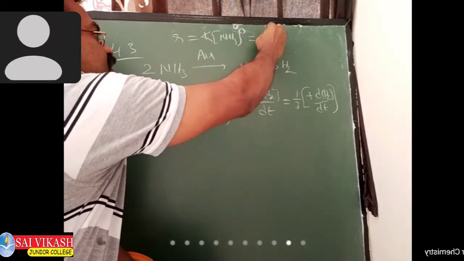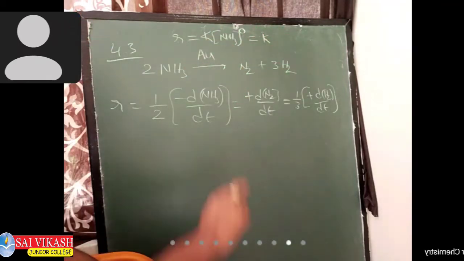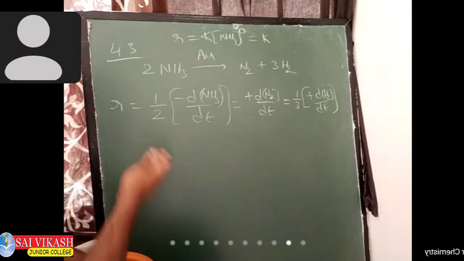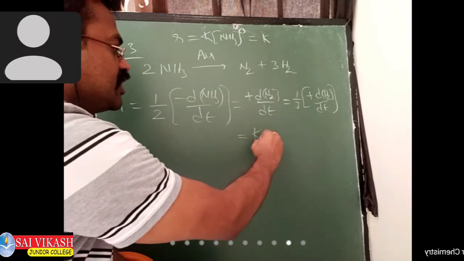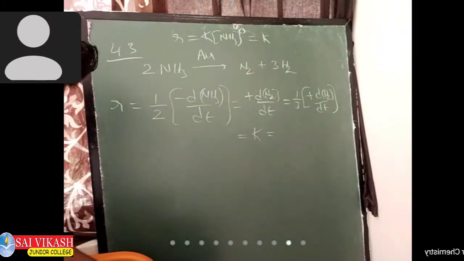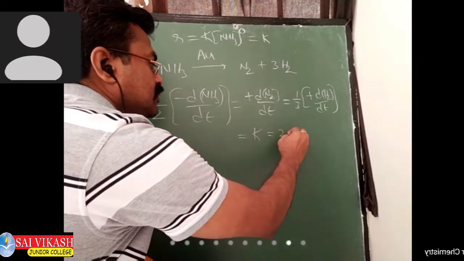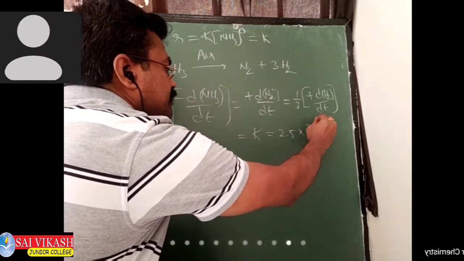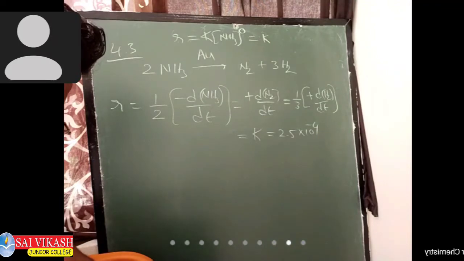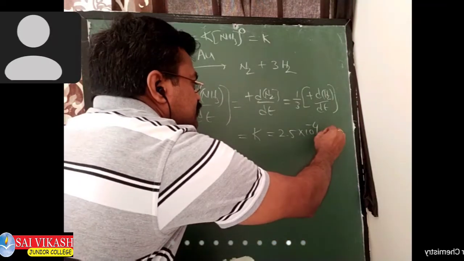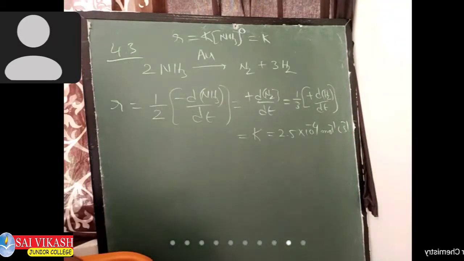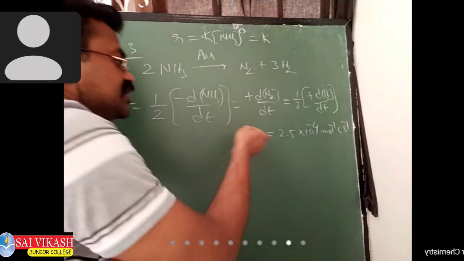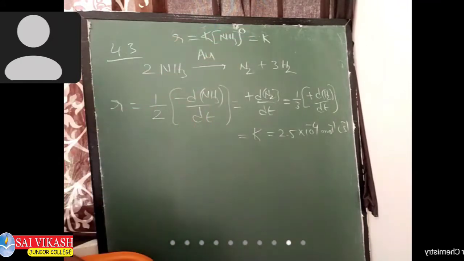So it is equal to K, meaning R equal to K. So R equal to all these three, which is equal to K. What is K? They have given 2.5 into 10 power minus 4 mole inverse liter per second. This is the value. So all these three are equal to K because R equal to K.